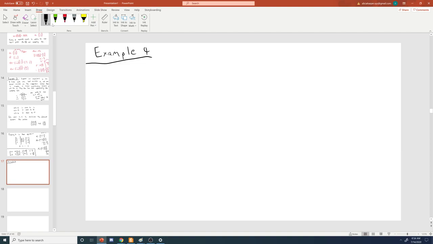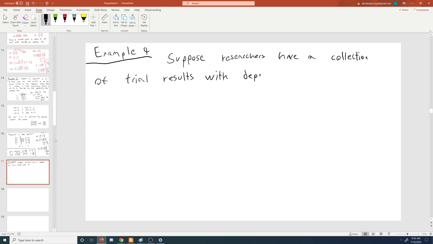So suppose researchers have a collection of trial results with dependent variable xi and outcome variable yi.